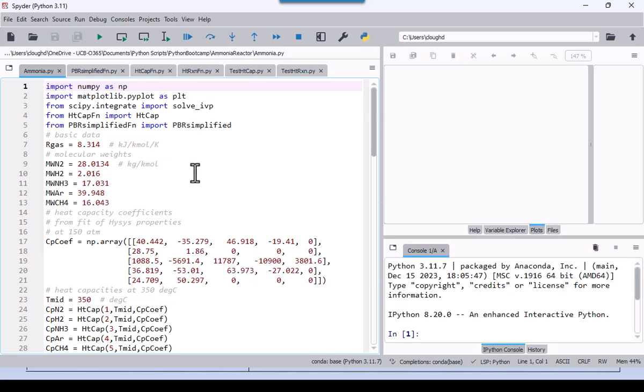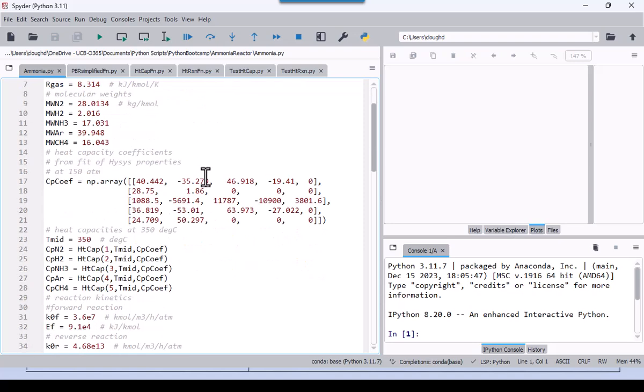But we're also including here a separate routine for computing the heat capacities, and we'll show you that. And then we have a separate routine to compute our derivatives that is required by the solve IVP routine.